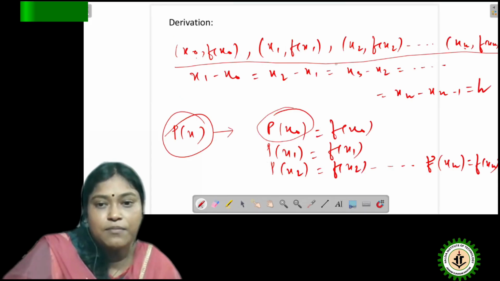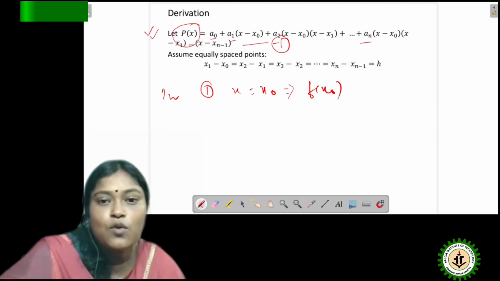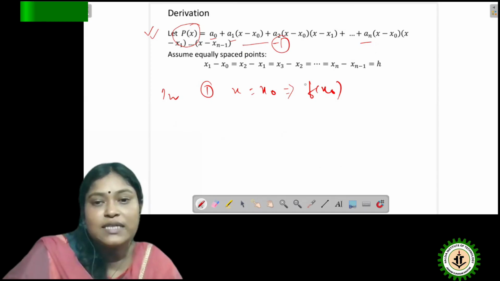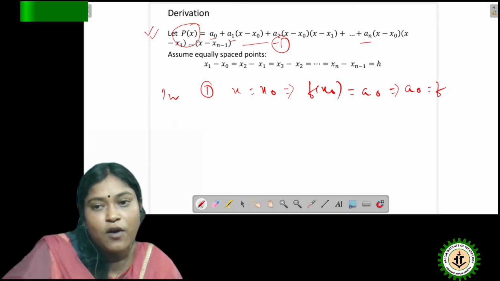Here we have assumed p of x in such a way that p of x naught equals f of x naught, p of x1 equals f of x1, and so on. So we can write p of x naught as f of x naught, which equals a naught, and all other terms will become 0. So simply a naught will be f of x naught.